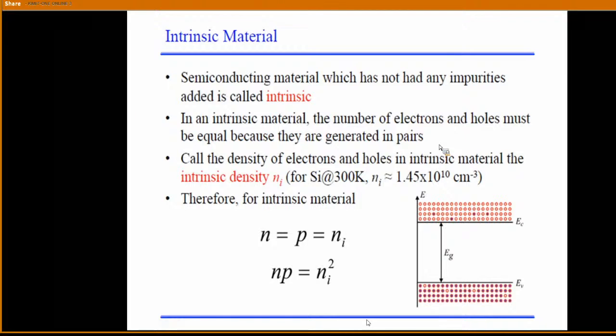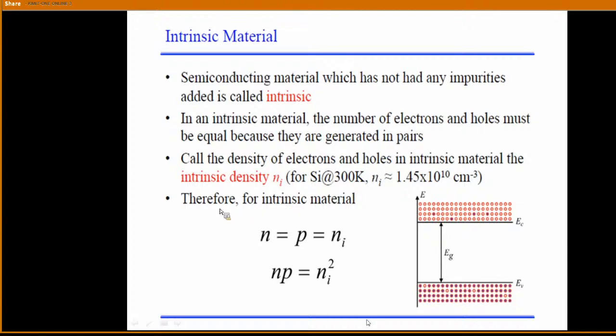For example, if there are 50 electrons, the same amount of holes will be present in the intrinsic material. The intrinsic carrier concentration is 1.45 into 10 power 10 per centimeter cube. Just remember this, because when we are solving problems, if the intrinsic carrier concentration is not mentioned, this is a fixed value at room temperature.